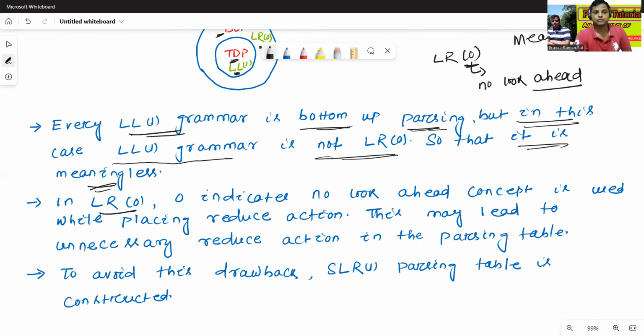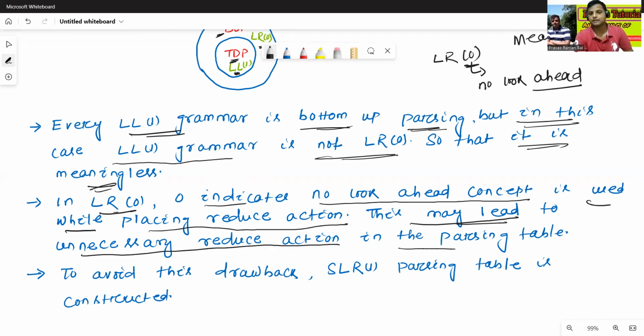So in LR0, 0 indicates no look ahead, and it's used while placing reduce actions in the LR0 parsing table. So this may lead to unnecessary reduce actions in the parsing table. In the LR0 parsing table, we place all reduce actions blindly, on all action steps. That's why it happens. Because 0 means there is no look ahead.